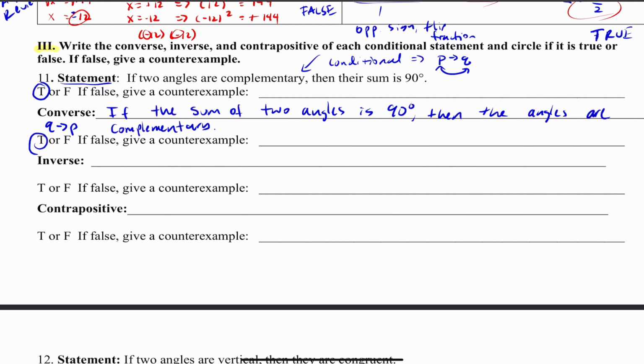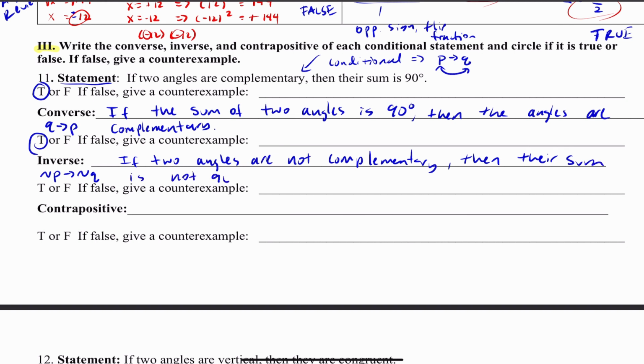Now I'm going to go ahead and write the inverse of that statement. So it's not P, not Q. If two angles are not complementary, then their sum is not 90.